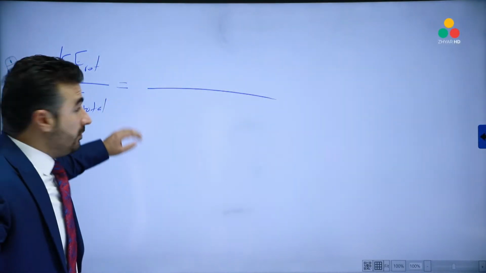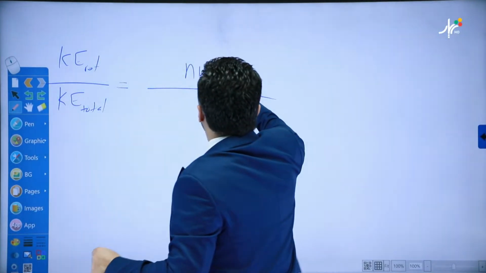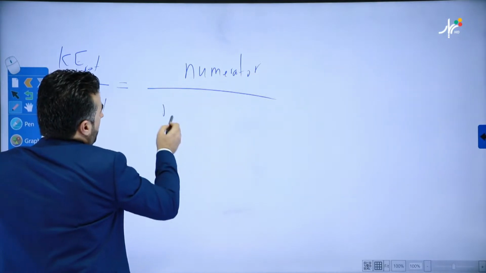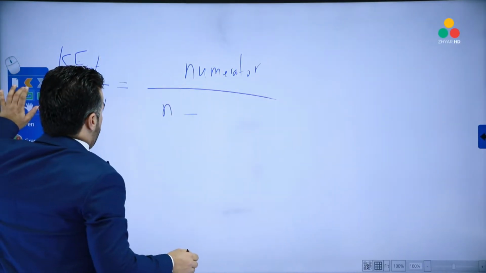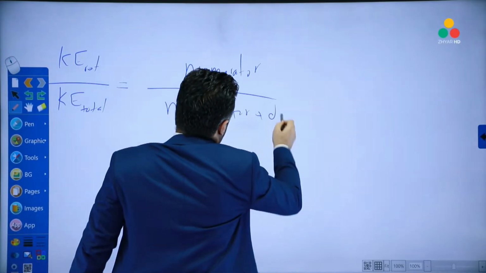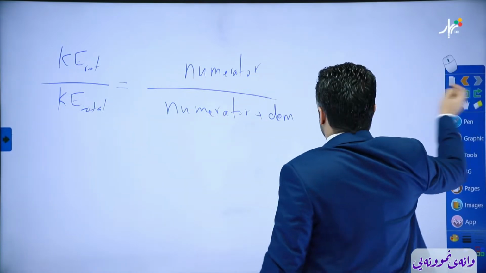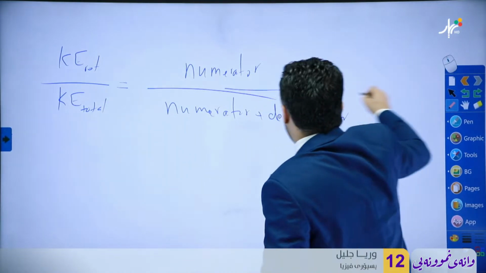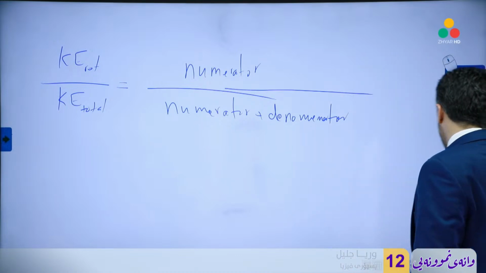And then after this, you'll use the numerator divided by numerator plus denominator. I think I should use shortcuts in order to save some space. So let's clear all this then.